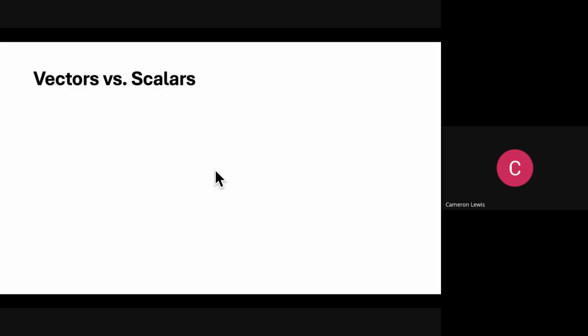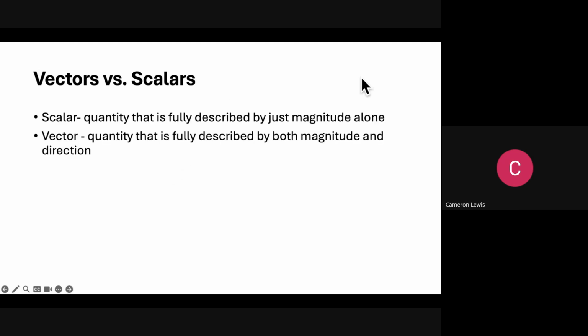Something that has direction as well as magnitude. Good. So something that has direction along with magnitude. So if that's a vector, what is a scalar? Just magnitude. There we go. That's what I was looking for. So a scalar is a quantity fully described by just magnitude alone, while a vector is a quantity that is described by both magnitude and direction.